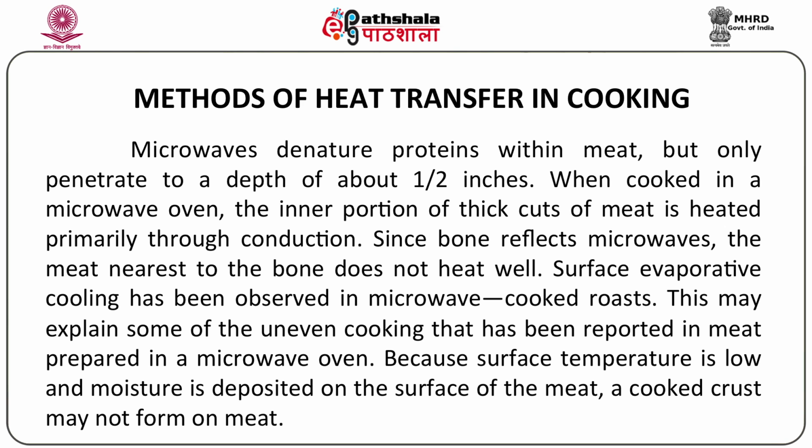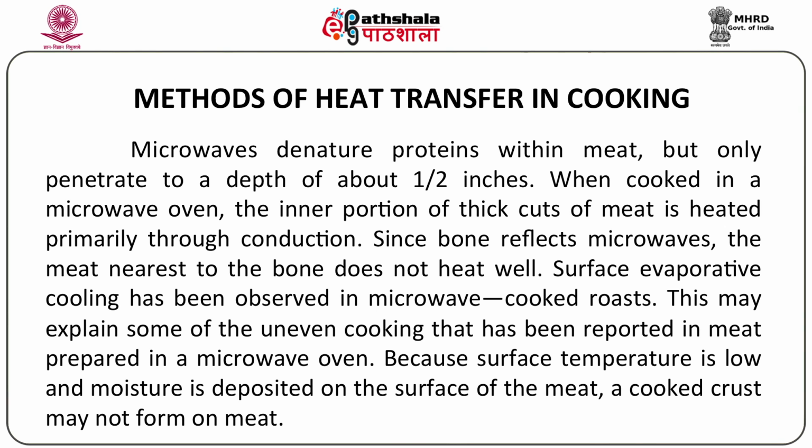Okay, so the cause for uneven cooking in a microwave oven is that the microwaves have the capacity to penetrate into the meat for a depth of only about half an inch, and moreover, since the bones reflect the heat, the portions of meat around the bones do not get cooked.